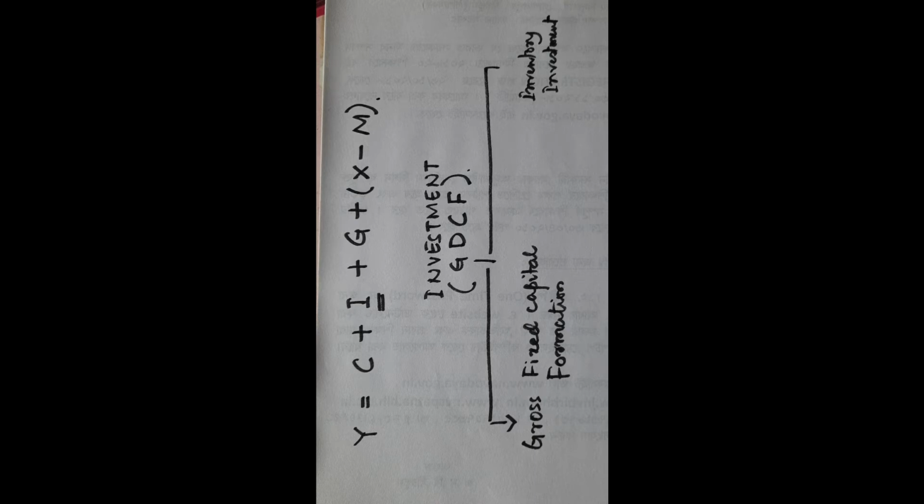Now the value of gross fixed capital formation can be further broken down into three components. I'll write it down here. Number one is gross business fixed investment.